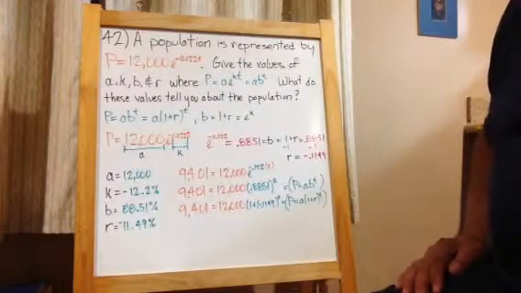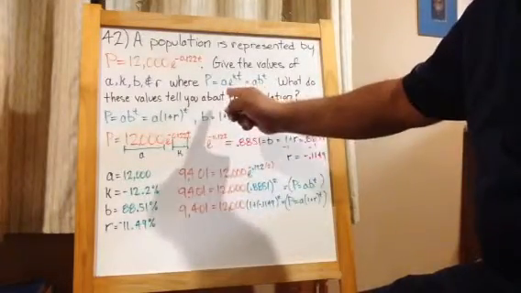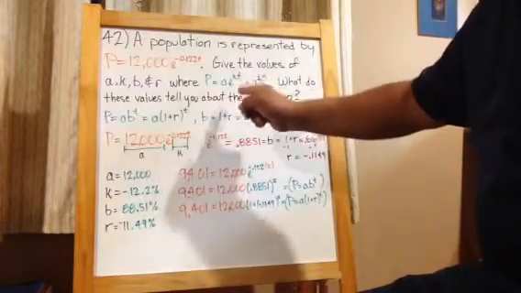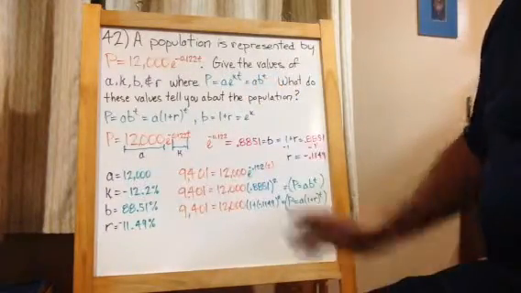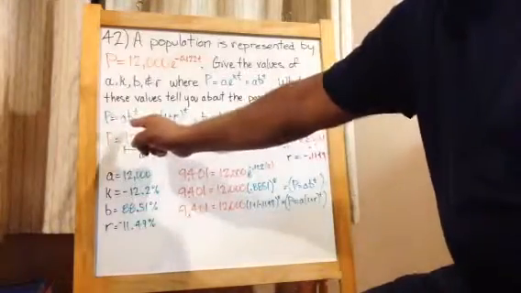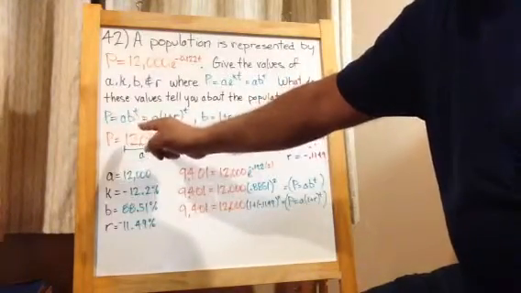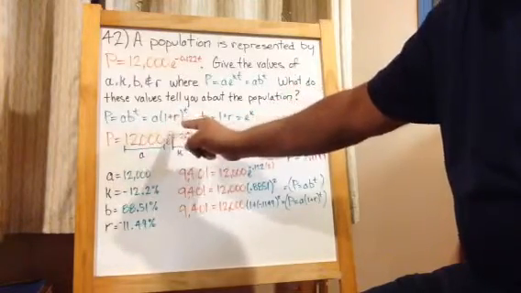Well, first let's define our values. We can see here that they've given us an A and they've given us a k, a b, but there's no r. Well, if you look in the book, you'll see that if P equals A times b to the t power, then it's also equal to A times 1 plus r to the t power.